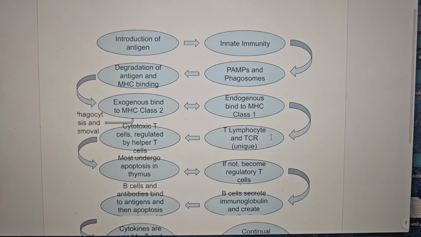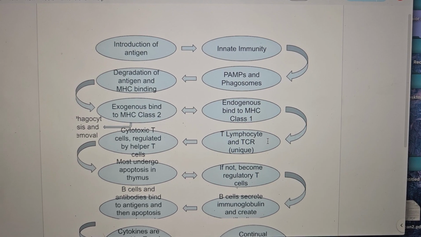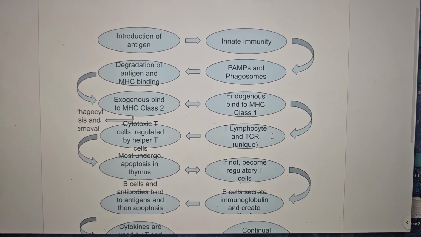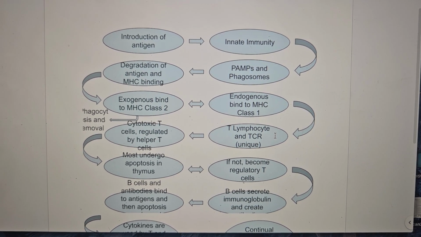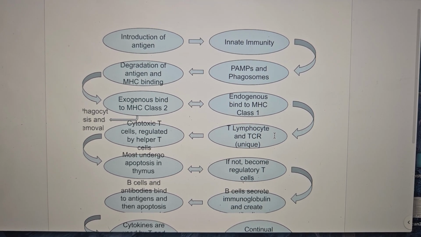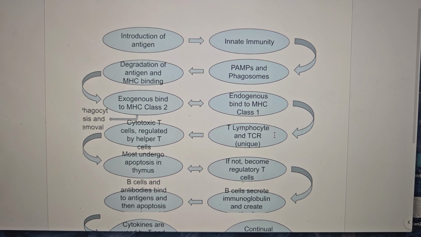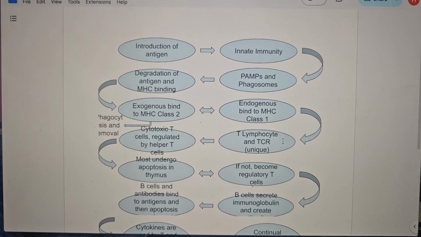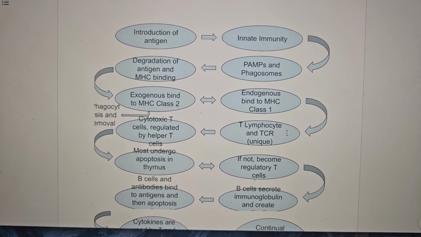So I'm going to continue with the flow chart here, which is going to follow through the introduction of the antigen. It's going to follow through the innate immunity, which we talked about first, which is the skin, mucous membranes, all of that portion of it. And then if the antigen is able to get past the first and second lines, we begin the process of going through the PAMPs and the phagosomes.